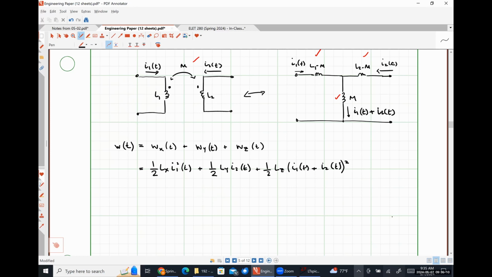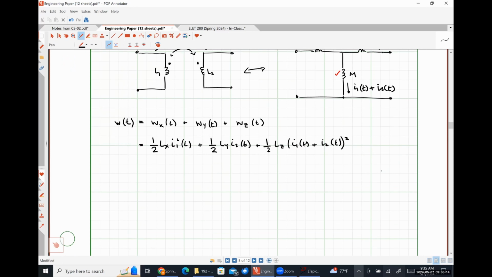And now we're going to substitute in for Lx, Ly, and Lz. Yes, thank you. That is correct. 1/2 L times the current squared. That is the generic expression for the energy stored in an inductor.